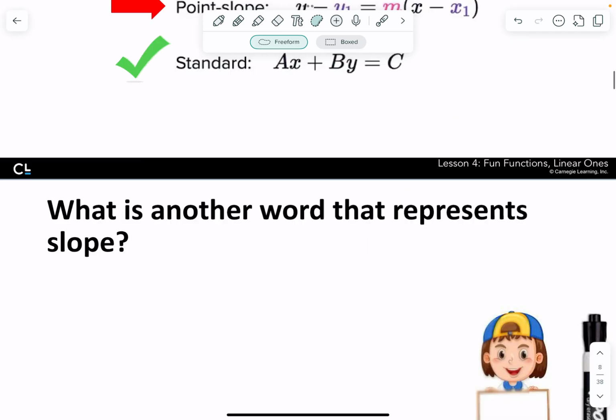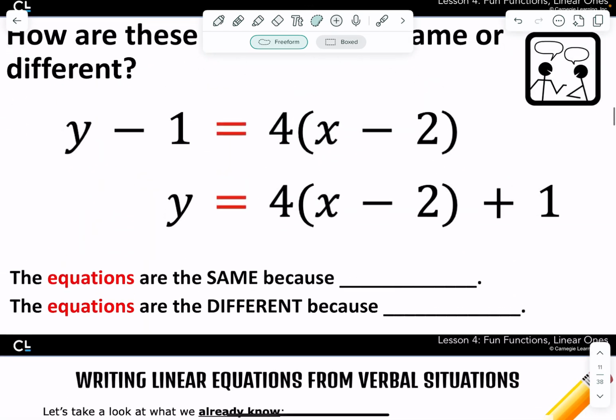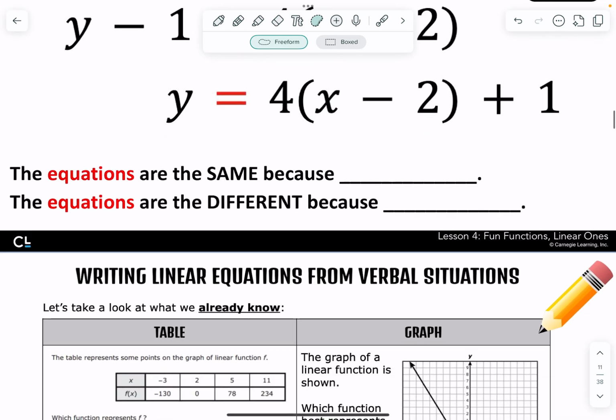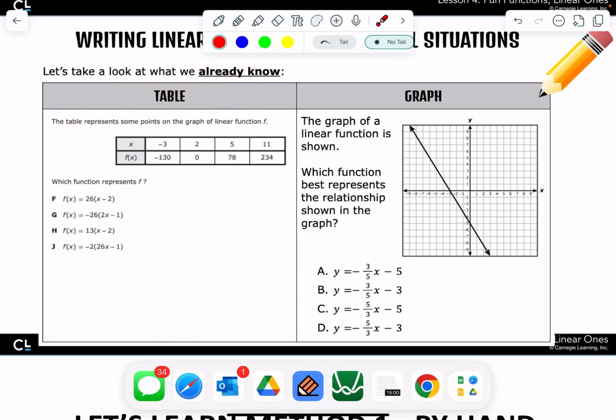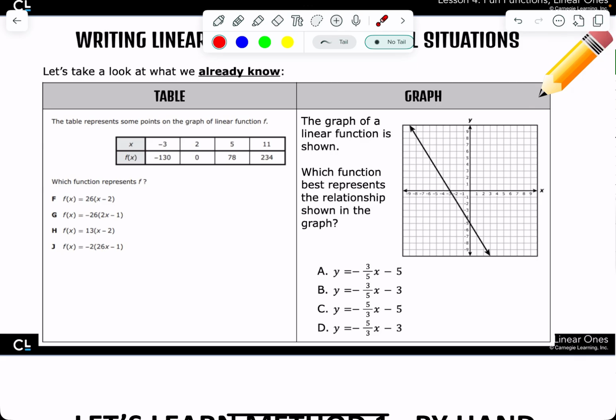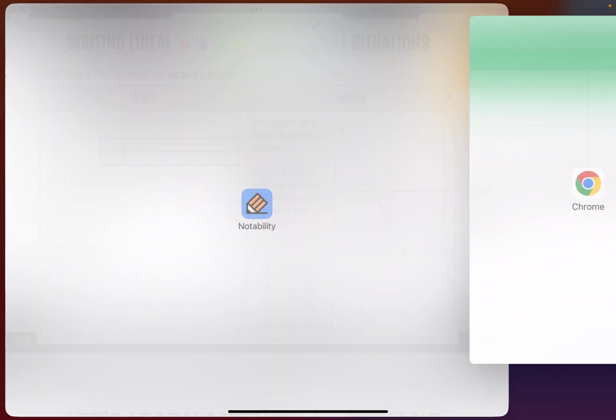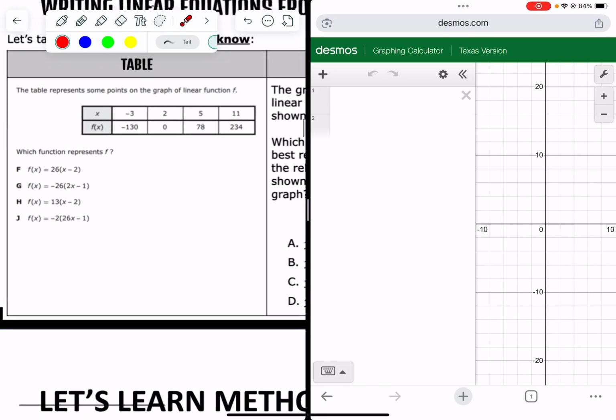All right. This is what we already know. Let's go to the notes. So when we have a table, what we're going to do is go to Desmos. Remember that these are my x values. They say x. These are my y values. They say y.